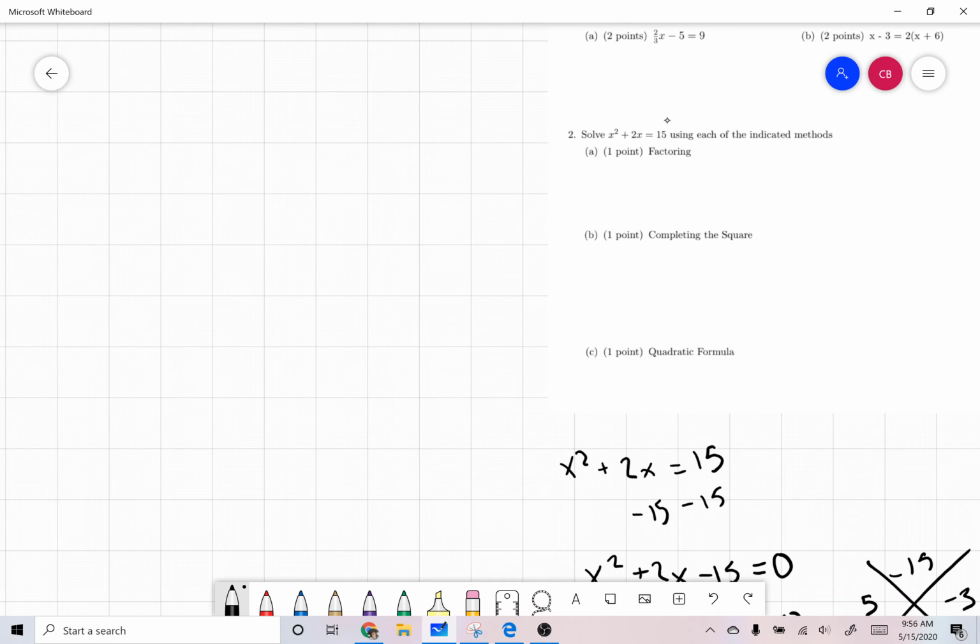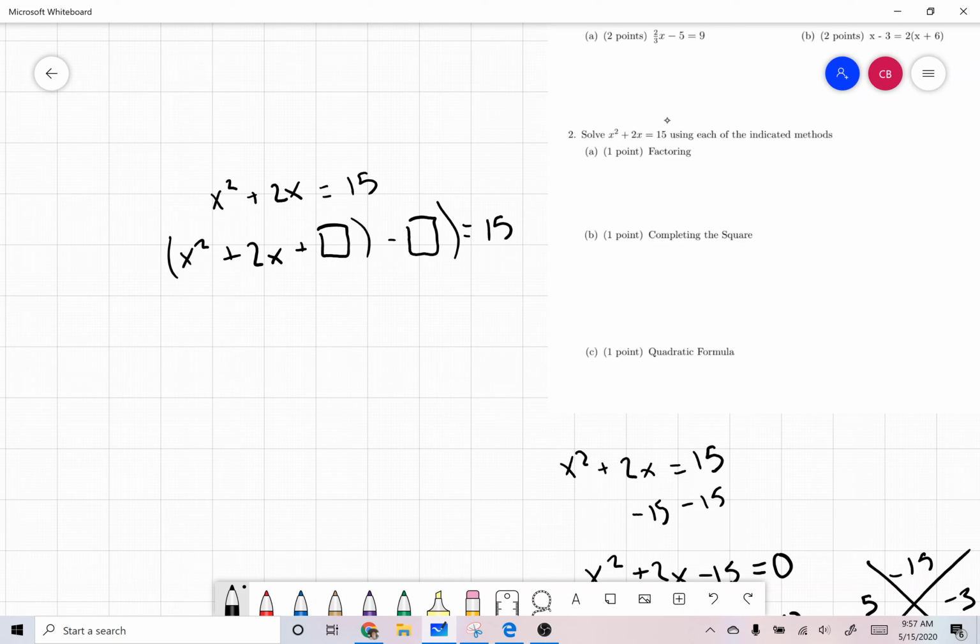Let's do it by completing the square. Now we have x squared plus 2x equals 15. So if we want to complete the square, then we have x squared 2x plus something, minus something is equal to 15. Okay, so let's take care of that.